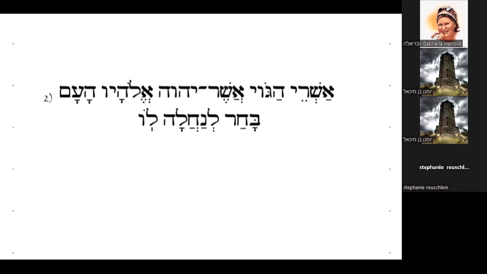So these two letters work together to give us the sound ash. Then we have a resh, and it's pointed tsere. This is going to give us an EI sound, like in the word eight, the number eight. So a, ray. So the word is ashre. Ashre.